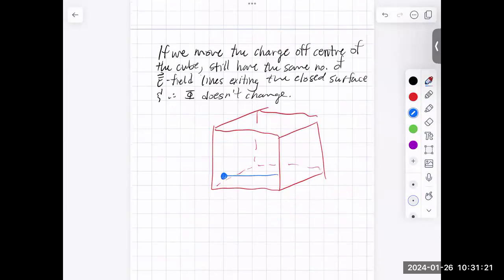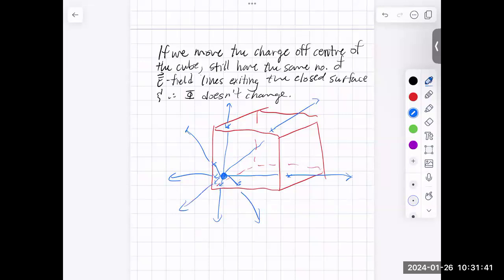And when I draw the electric field, I still have the same number of crossings. And so the flux doesn't change. Okay, so it's going to cross here. It's going to cross somewhere over here and over here and over here.